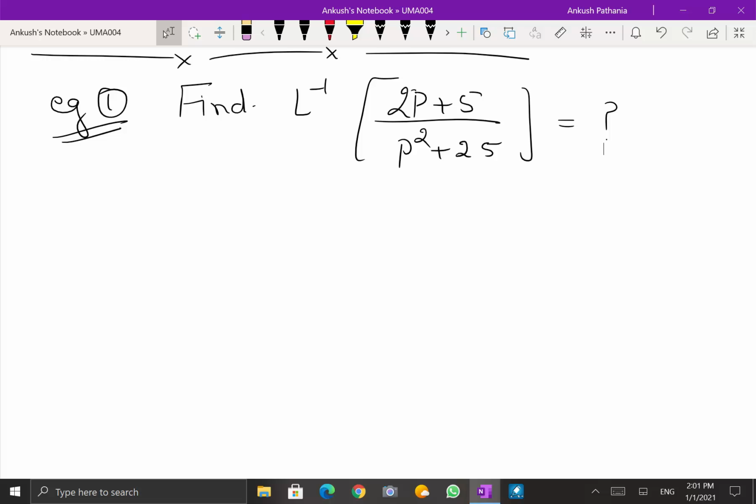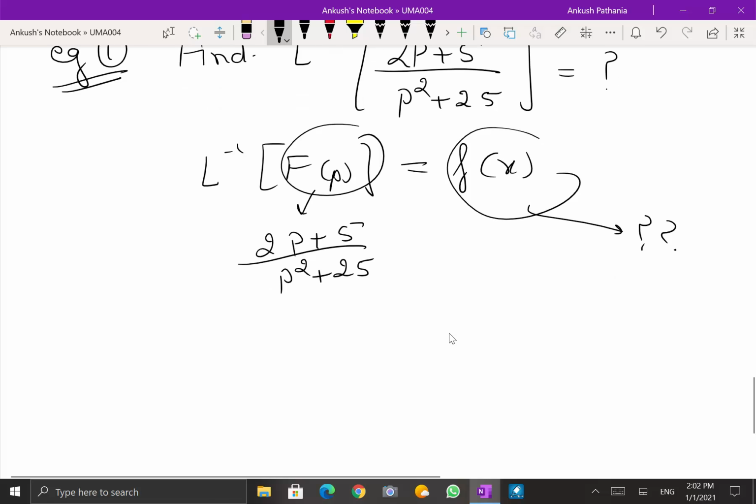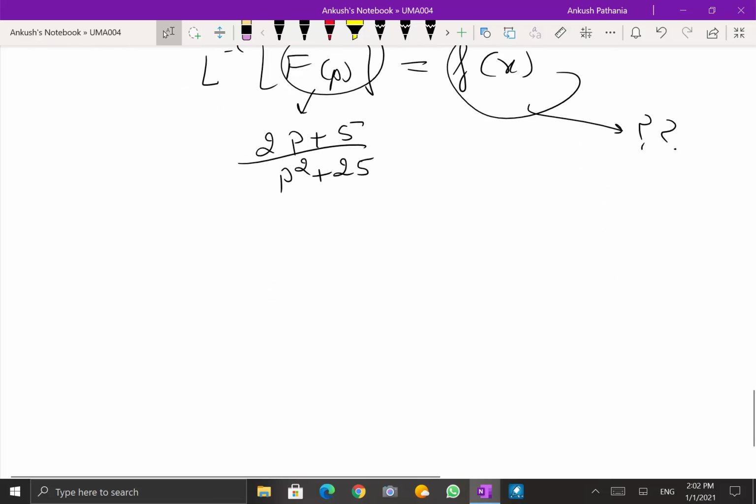Basically he is giving you F of p, and you have to find F of x. F of p is 2p plus 5 upon p square plus 25. So this is what he has given, and you have to find F of x.